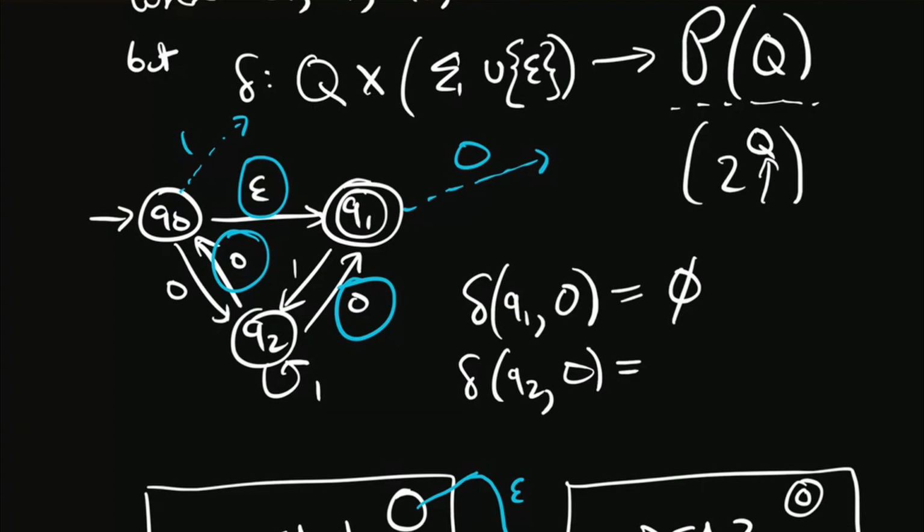So what is the set of states here? Yeah, the set which has Q0 and Q1 in it. In other words, the states I can reach. What about Q0, comma 0? What is the set of states there?